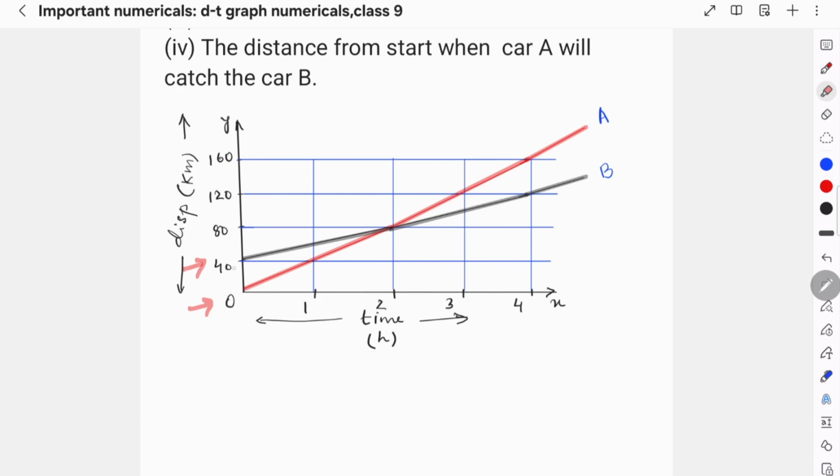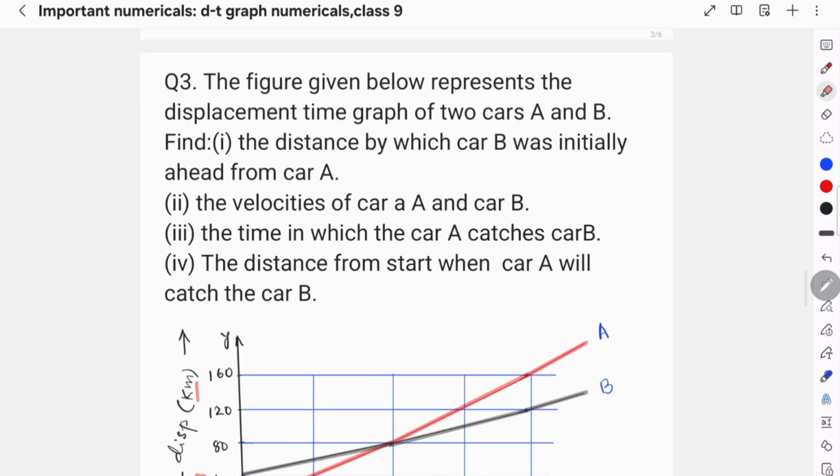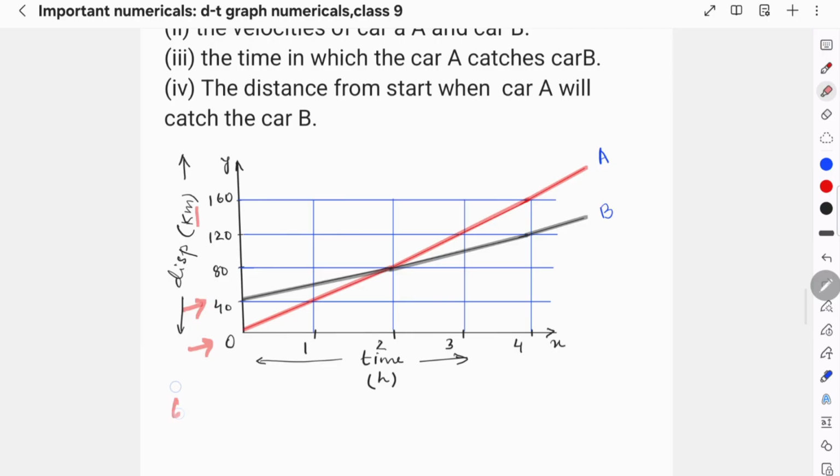Car B is already starting from a distance of 40 kilometers. So the answer for the first part is 40 kilometers, since car B starts at 40 and car A starts at 0.